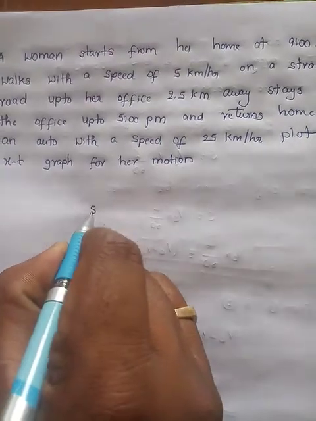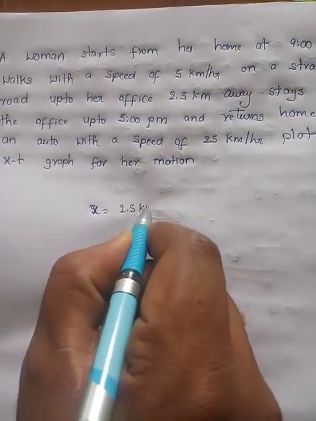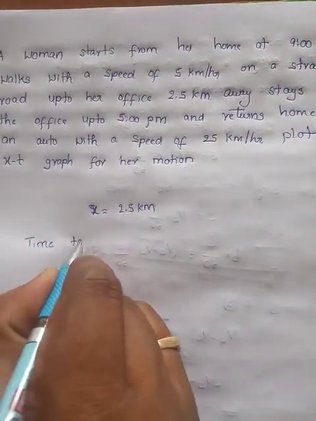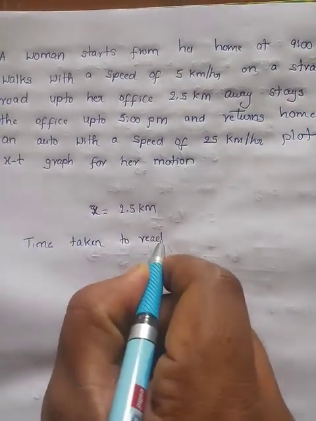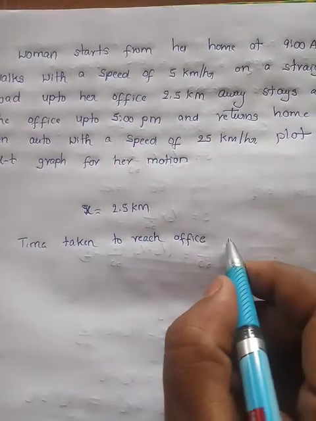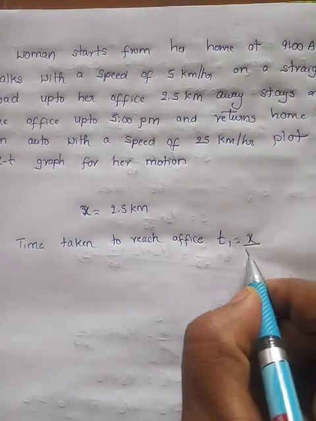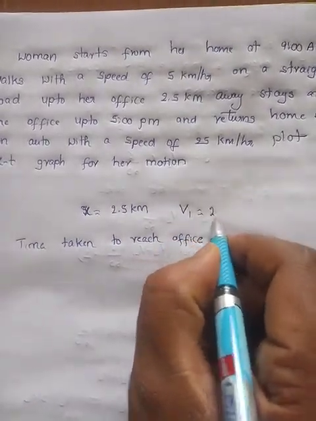What is the distance now? 2.5 kilometers. Time taken to reach office. T1 is equals to distance by velocity. While going to office, she is going by walk, right?